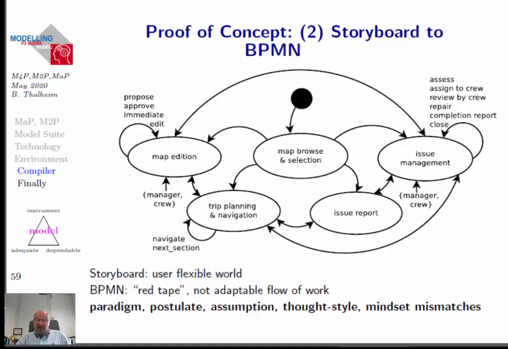Then in this case I say, okay, fine, I have my storyboard, I look for the map, I browse, select something, I develop my planning for the trip, and it is of course free of, let's say, movement from wherever place I can go there. Of course BPMN is far more restrictive. It says you have to have a certain way and only a certain choice that is implemented.